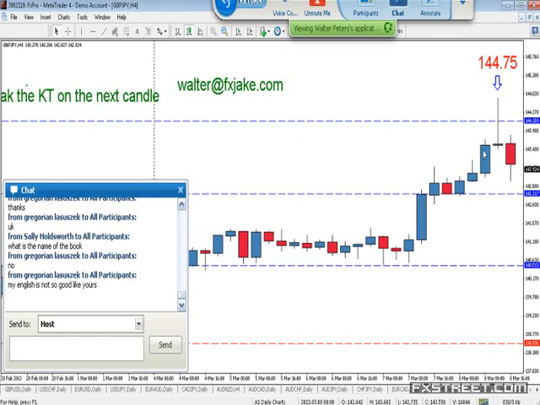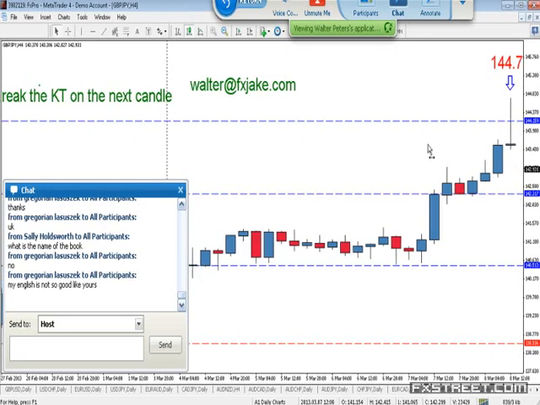The really aggressive kangaroo tail trader says, okay, we're at this point right here. We say, oh, there's a kangaroo tail. It's printed. It's just closed down here, and now the next candle starts to form. What I do is look at this one and say the high was 143.68.